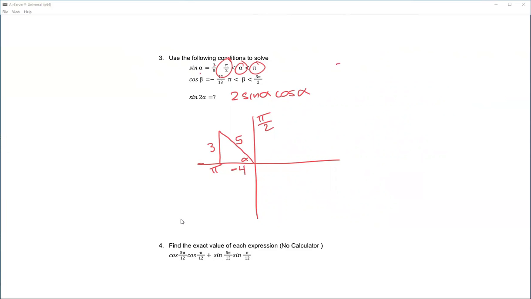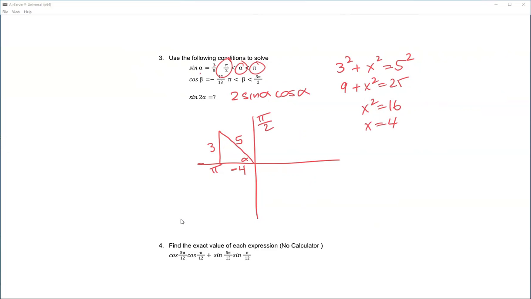The Pythagorean theorem is 3 squared plus x squared is equal to 5 squared. So this is 9 plus x squared is equal to 25. X squared is equal to 16, and so x is equal to 4. The reason why it's -4 is because remember we're in the second quadrant, and so cosine is negative, okay?